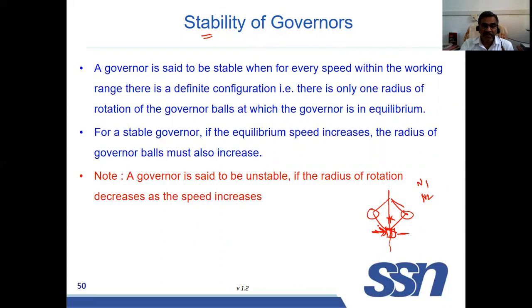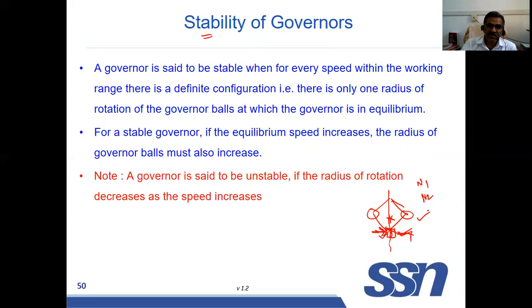That is, for every speed within the working range, there is a definite configuration. If it is rotated at n1, it should occupy only this position, not some other position. Every time you change to some speed and come back to n1, it should occupy this position. That is a definite configuration.